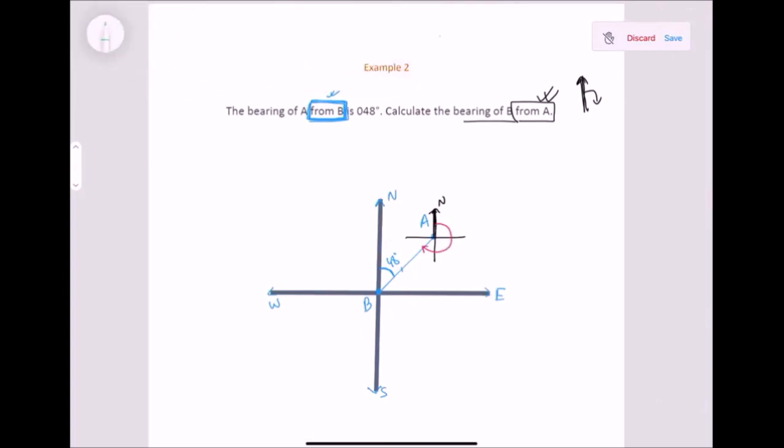And as we know that these two north lines are parallel to each other, as we can see, we have the Z here. So this 48 will be equal to this alternate angle. This portion is 180, right? It's a straight line, and this part is 48. So the bearing will be 180 plus 48. So I'm done with example 2.